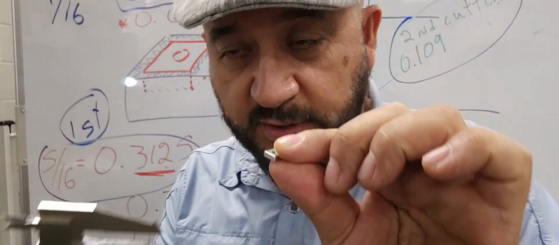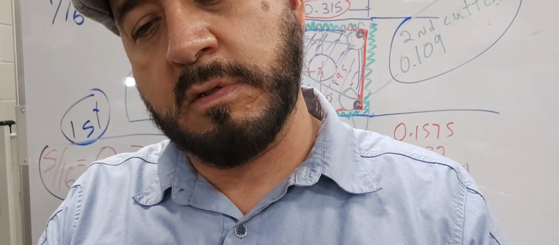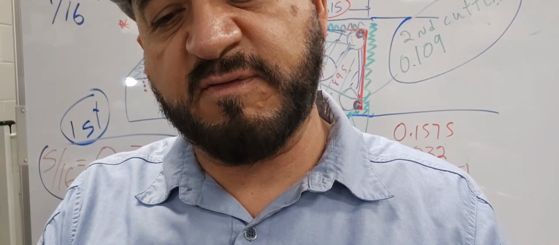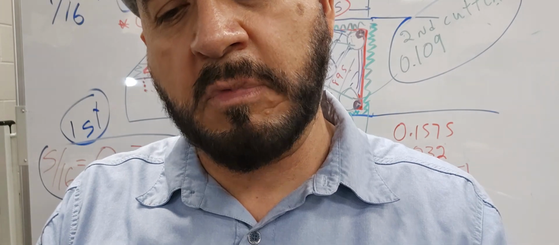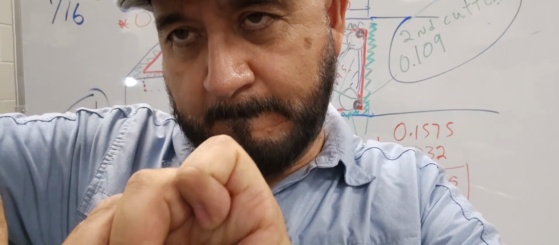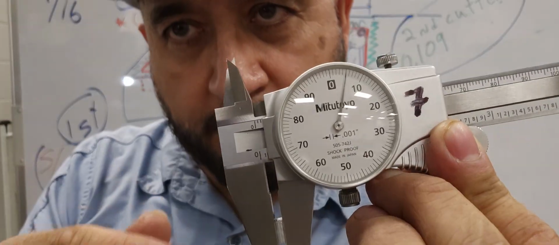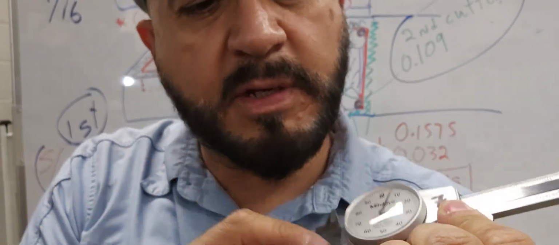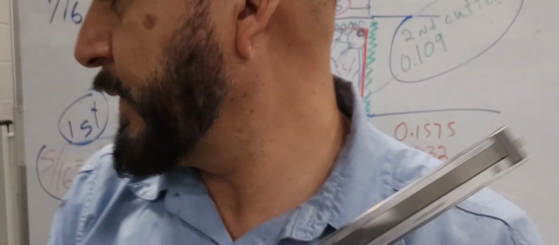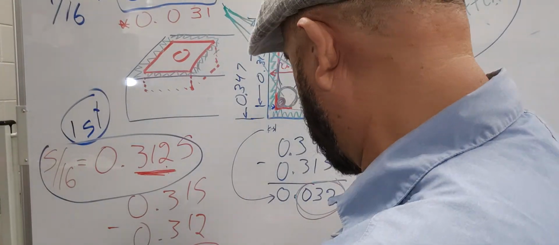This washer, the thickness of this is 105 thousandths of an inch. So we got 100, then it goes to 5. So that's how deep we gotta go down here.